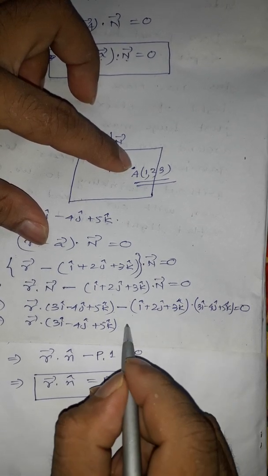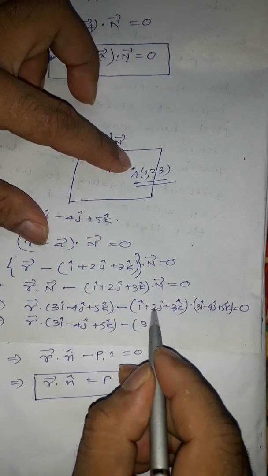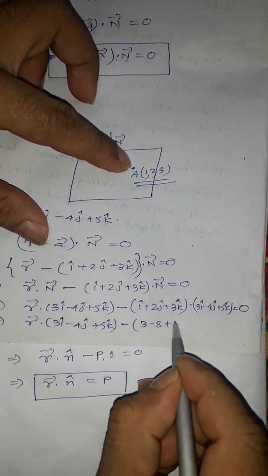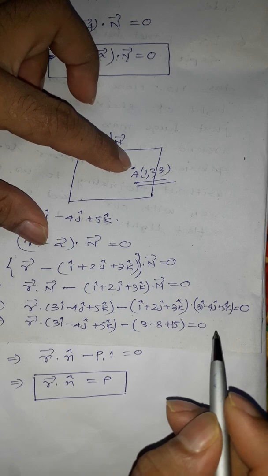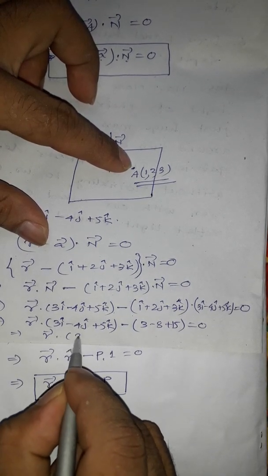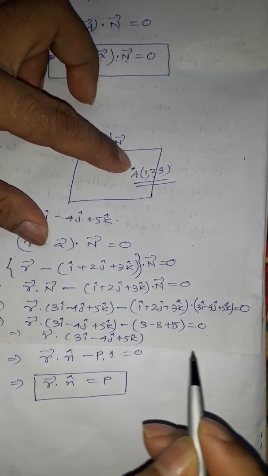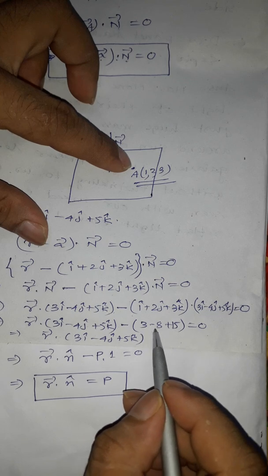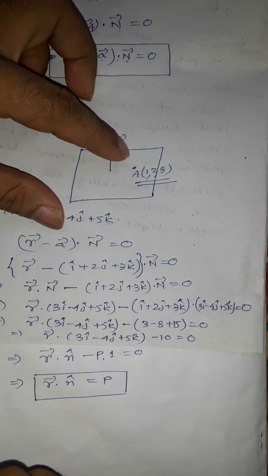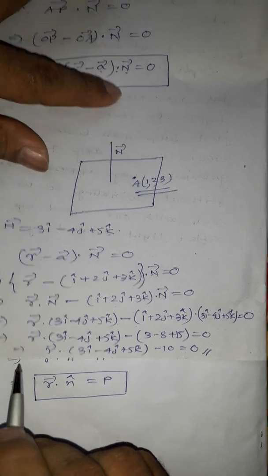You take the dot product: 1 into 3 is 3, 2 into minus 4 is minus 8, 3 into 5 is 15, equal to 0. So you simplify these numbers, you will get the equation. So it will be r dot (3i minus 4j plus 5k), 3 minus 8 plus 15 is 10, so minus 10 equal to 0. So this is the equation of the plane. Okay, this is the standard formula.